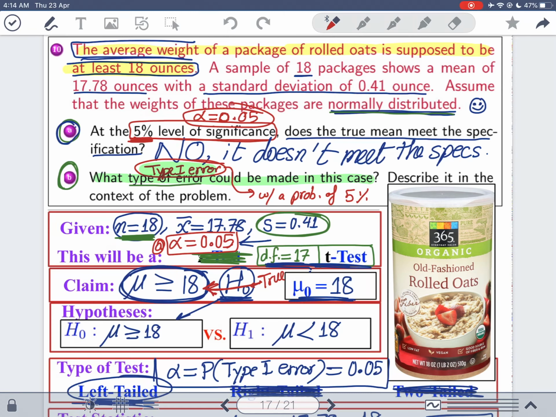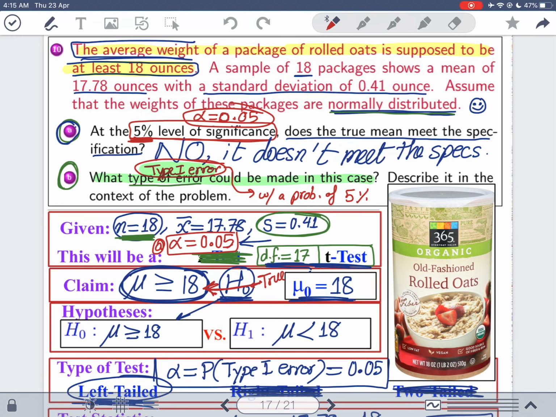Describe it in the context of the problem. So you can say there is a 5% chance that the mean or the average weight of the packages of rolled oats is at least 18 ounces, and that is correct, but we ended up rejecting it. Okay, because it could happen. There is always a place for error in any statistical hypothesis testing.